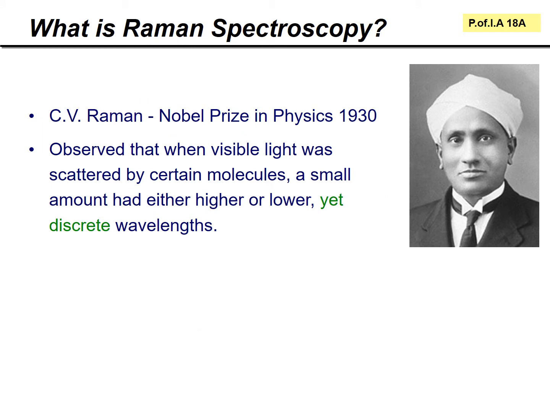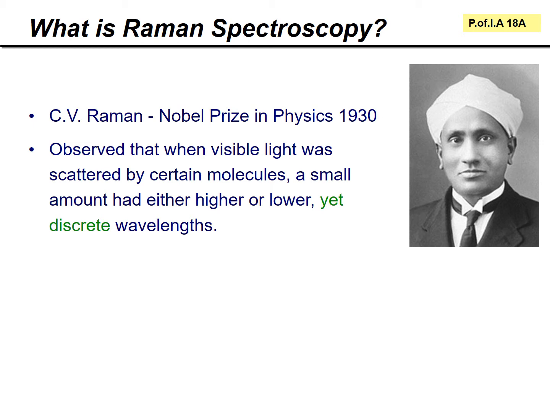So Raman spectroscopy is named after C.V. Raman, physicist in the first part of last century. He got the Nobel Prize in 1930, and he characterized this Raman effect quite extensively. So he shone visible light onto certain molecules and saw that photons were scattered, but that some of these photons were scattered at different wavelengths to the wavelength that he was shining on the sample.